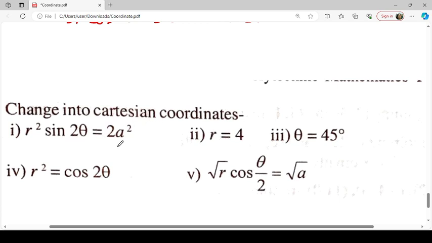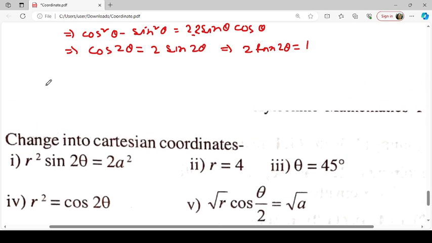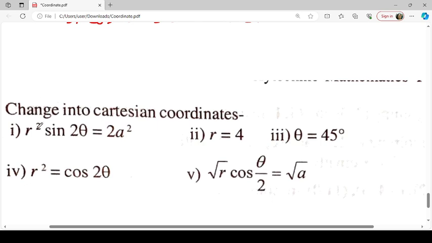r² sin 2θ is equal to 2a². So number 1, it is r² into 2 sin θ cos θ is equal to 2a².